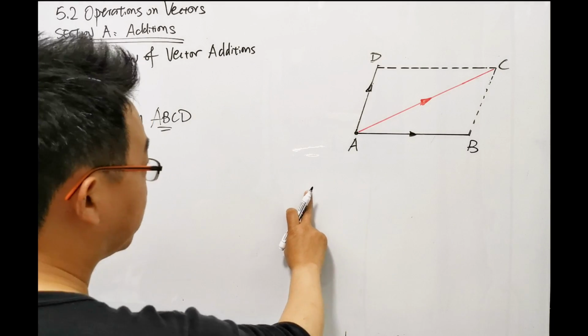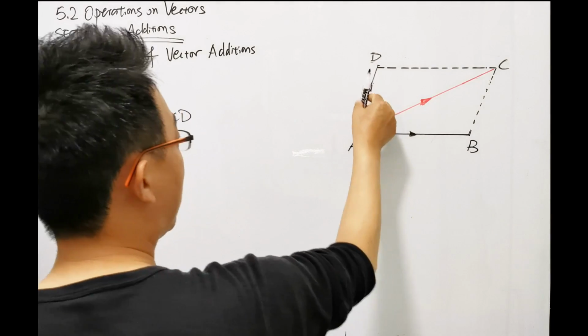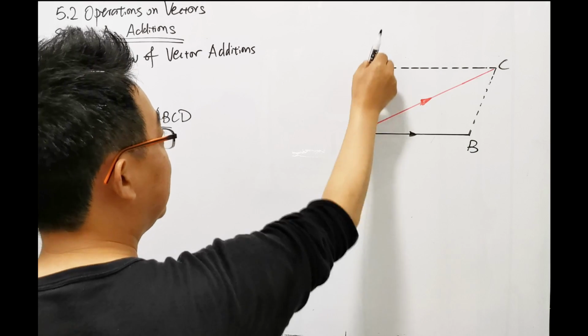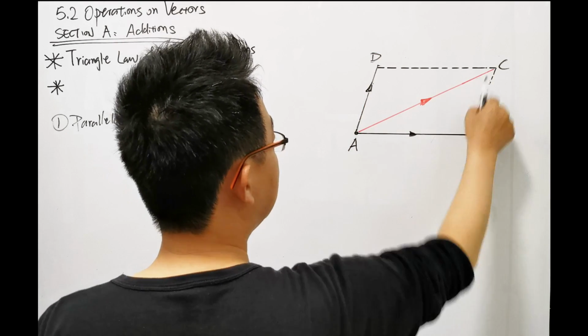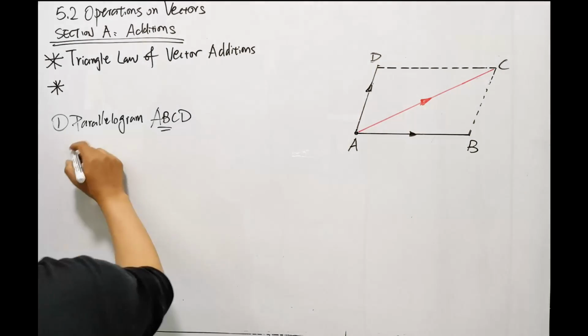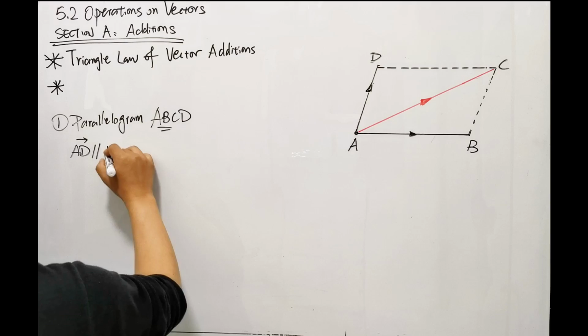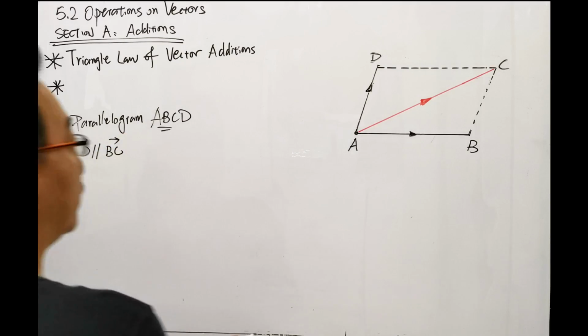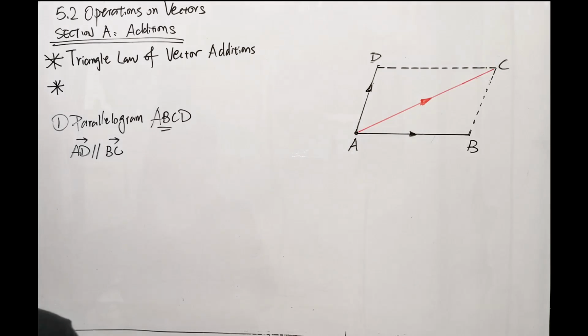In this parallelogram, AD is parallel to BC, and they are in the same direction.